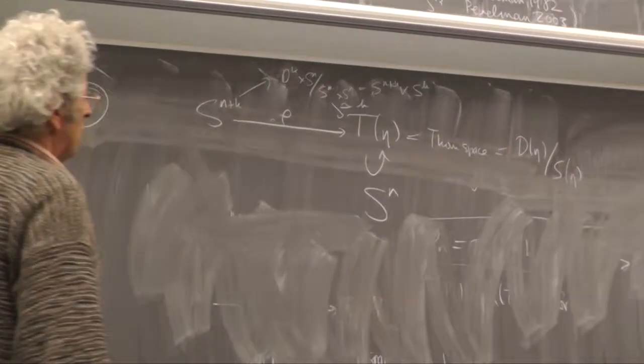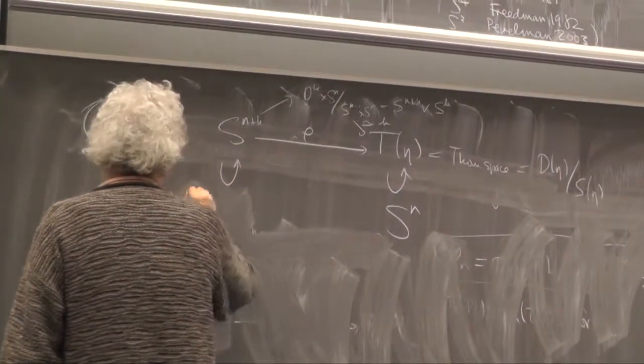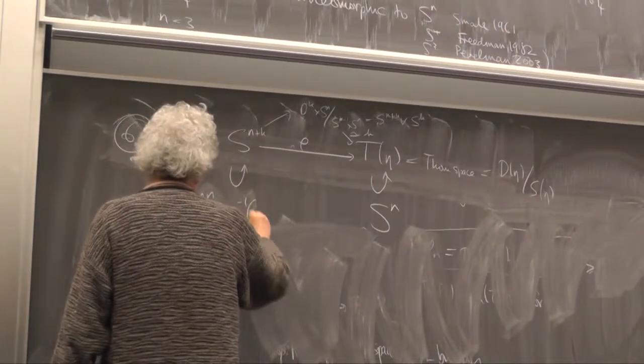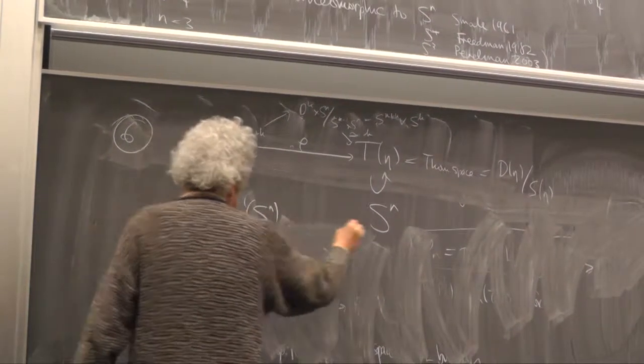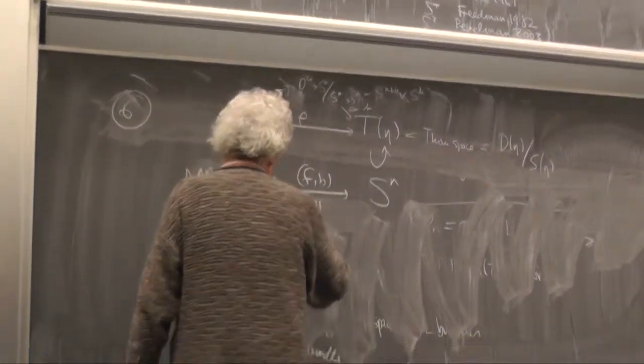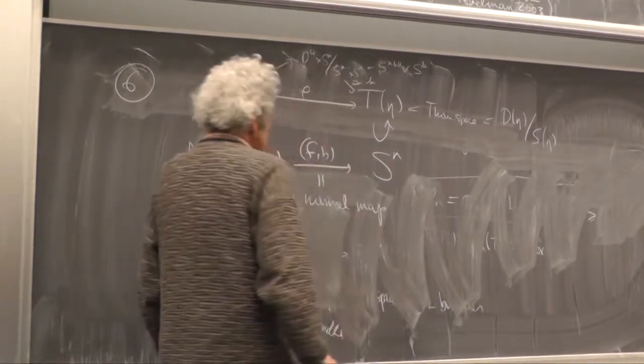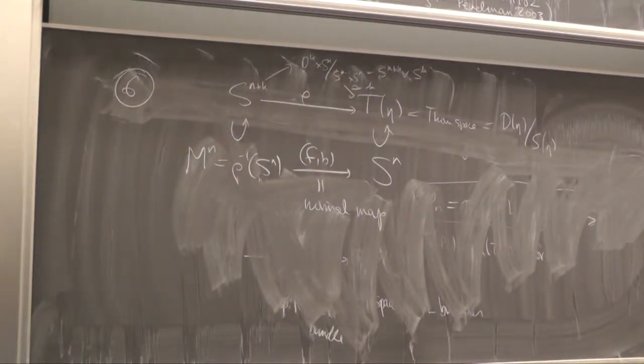You have a map from a manifold at the zero section. And this is a normal map. So this may seem somewhat ahistorical.